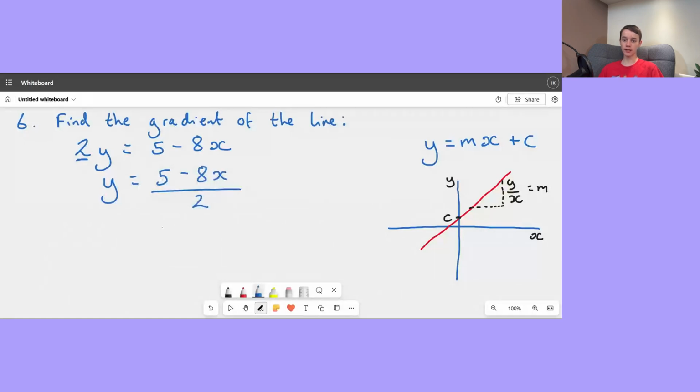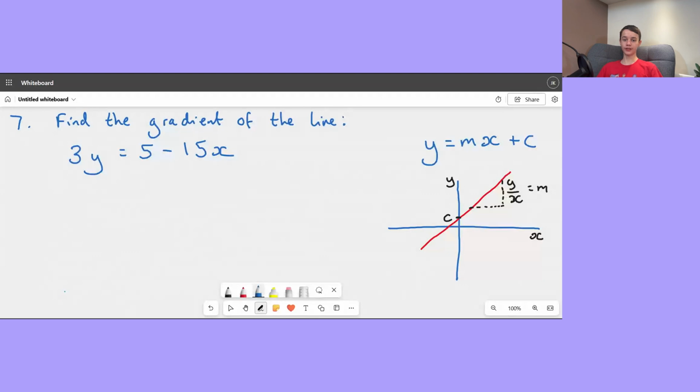So it's y equals 5 minus 8x over 2. So our gradient is -8 because it is next to the x. It's in y equals mx plus c. So the gradient is -8, and divide that by 2 is -4. So the gradient is -4.